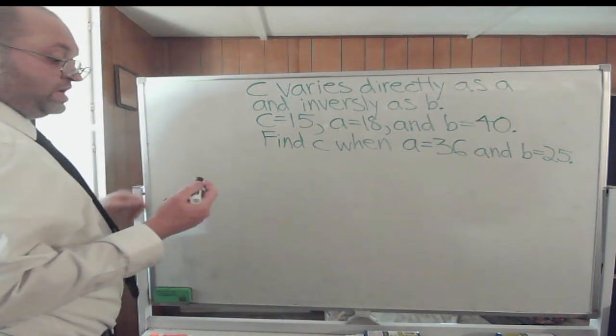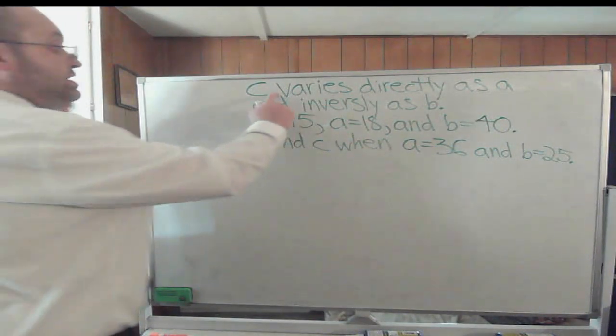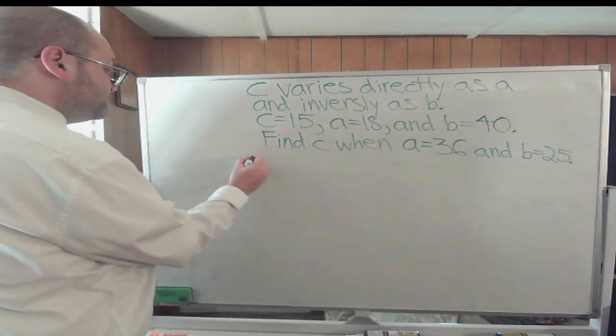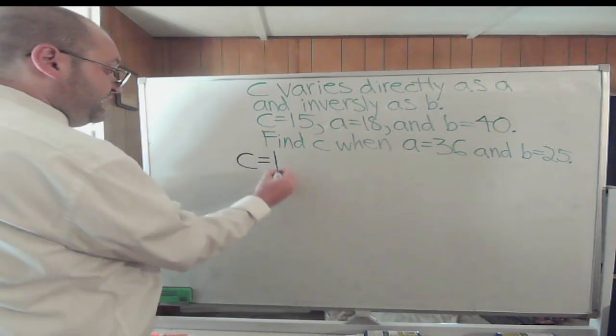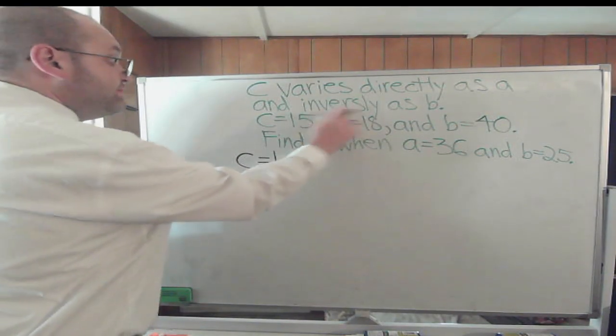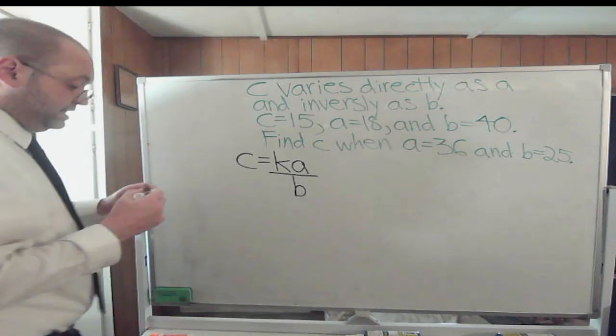So, like any other variation problem, start with your first sentence. C varies directly as A. Start with that first part. So C equals still K, your constant of variation, times A, and inversely as B. So that means you're going to take that Ka and divide it by B.